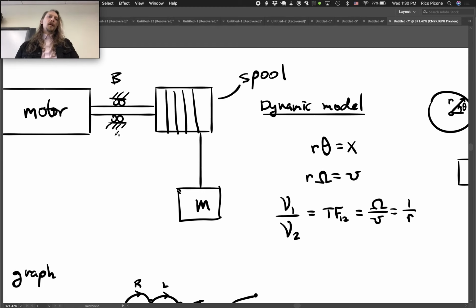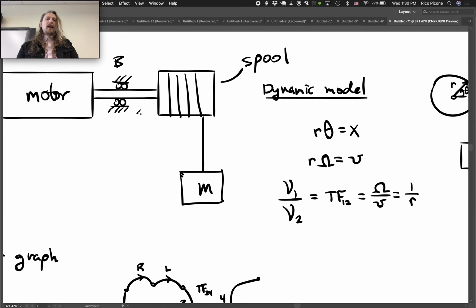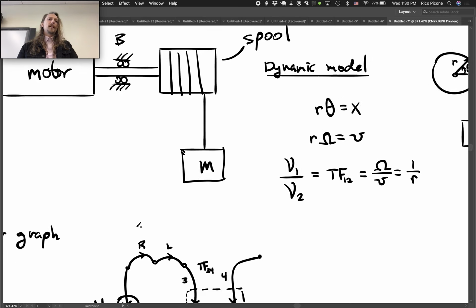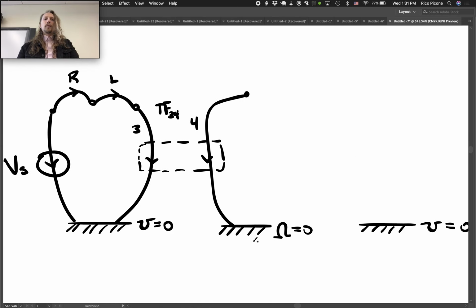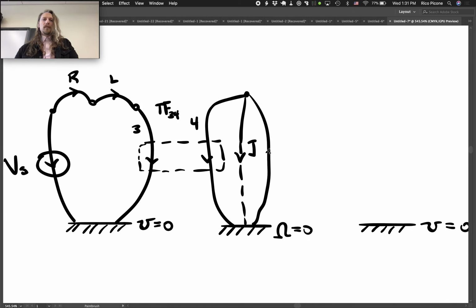So we'll ignore any twist. And the bearing damping and the moment of inertia of the rotor, all that stuff, we can model as all having that same angular velocity. So we'll put them here. So we'll say this is J, and the bearing damping B.